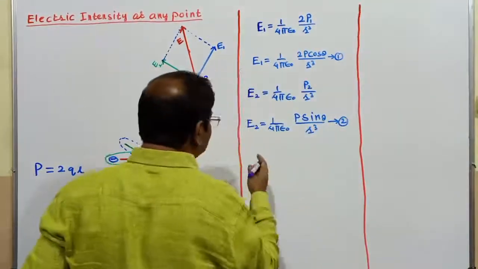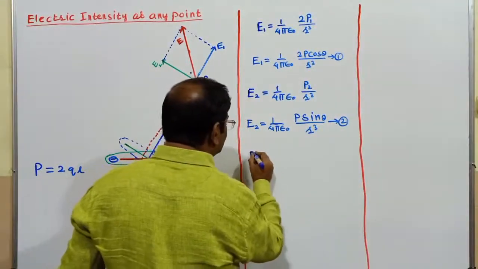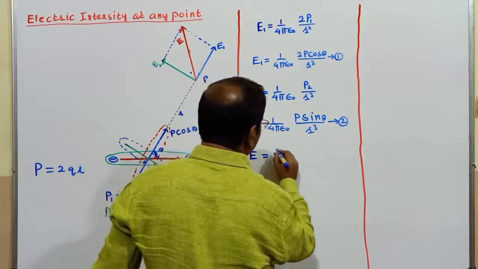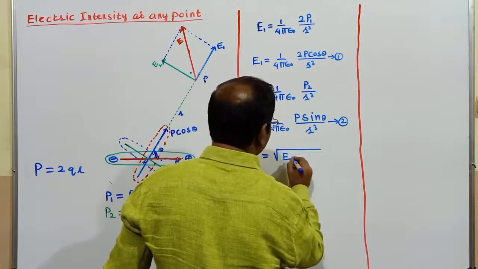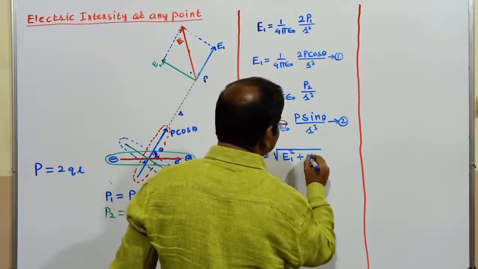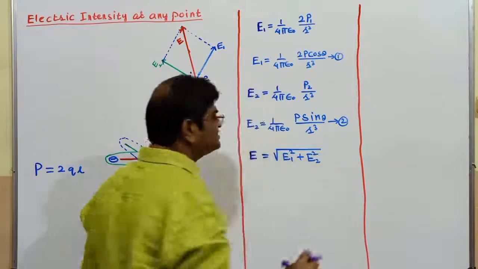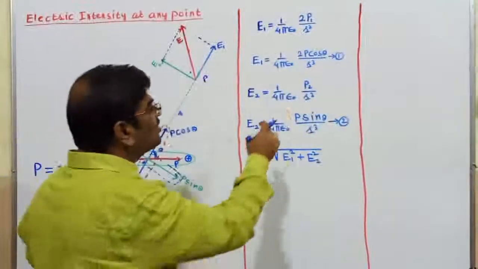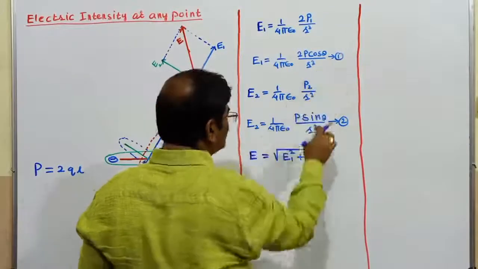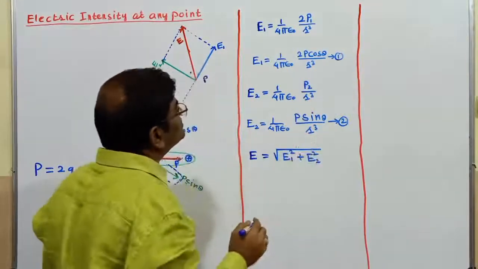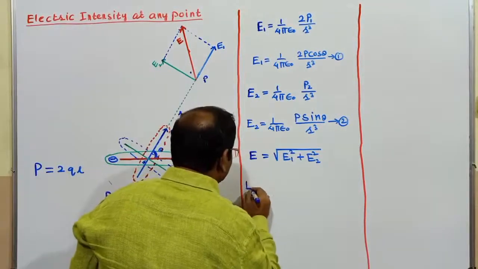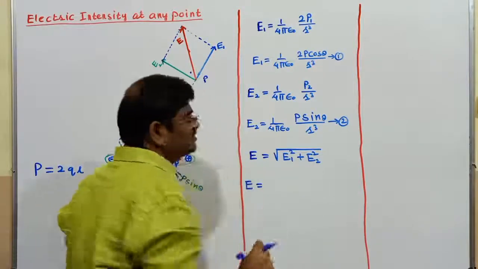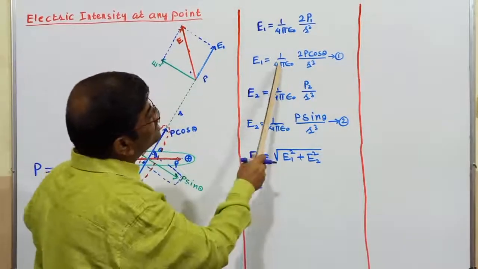Then the resultant electric intensity at P, I would write as root of E1 square plus E2 square. That's it. E1 I have got, E2 I have got. Let me substitute them, and that I write E equal to, see, square I have to do first.